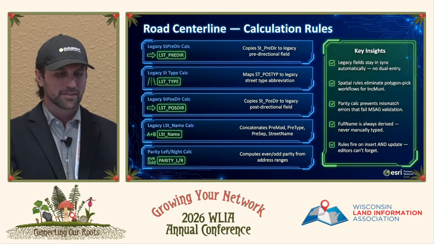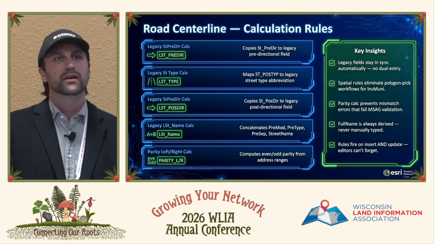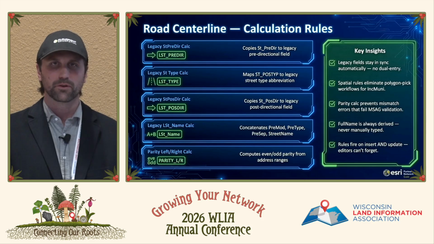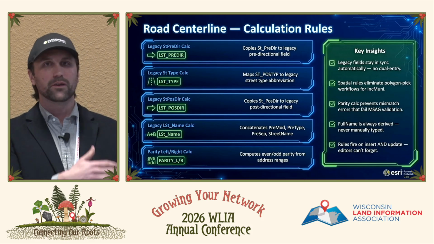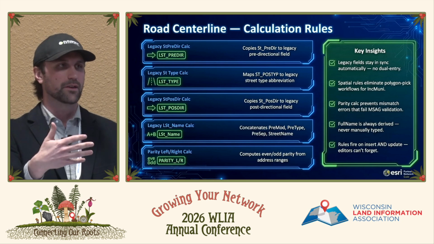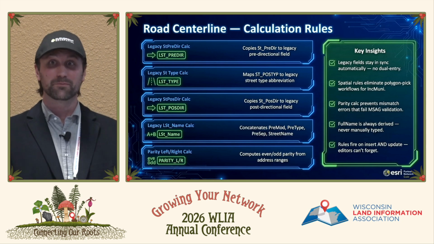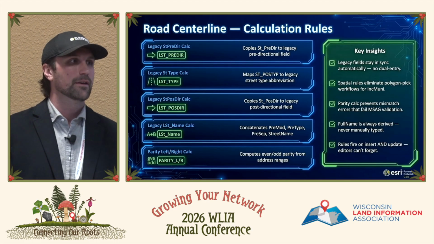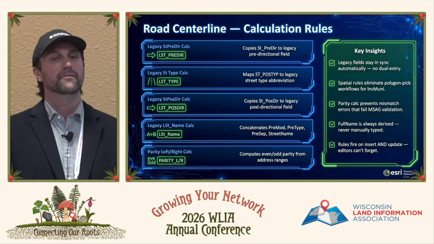The last thing I wanted to mention is the parity left and right. This is useful. You can have a rule that reads the range value of your road center lines. So if you have a from value that's odd and a to value that's even, it'll read that it's both odd and even and calculate that that side is both, just automatically populating that parity field.